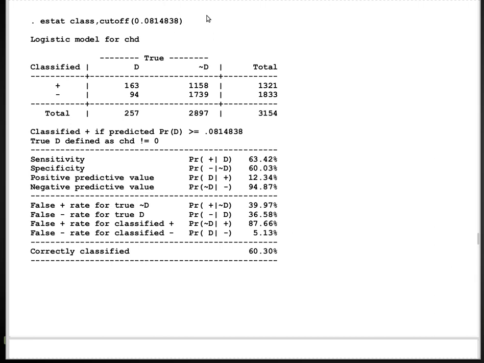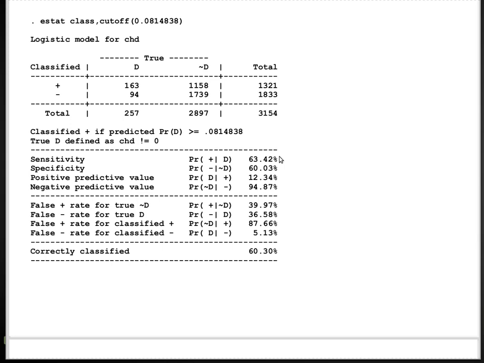So in particular, we can see that amongst those who do indeed have disease, that is this group, the 257, we correctly classified 163 of them if we were to use this argument based on their fitted value and this threshold, and that gives us an estimated sensitivity of about 63%.